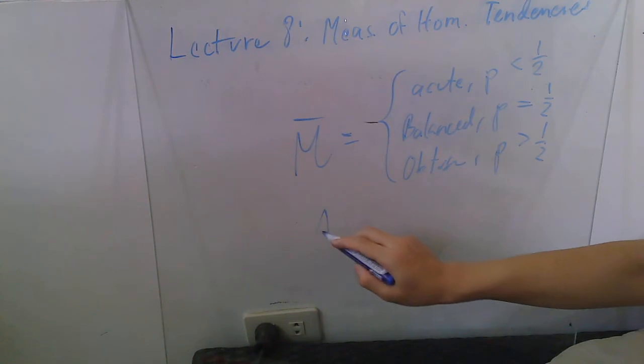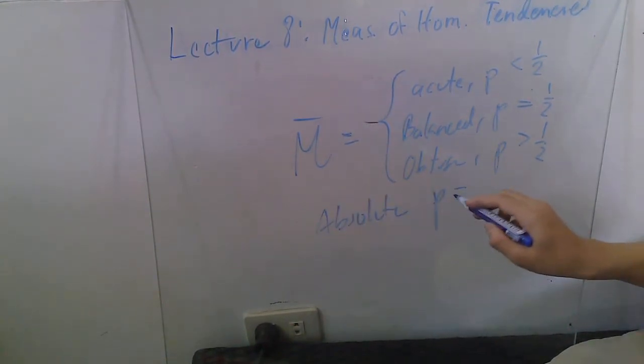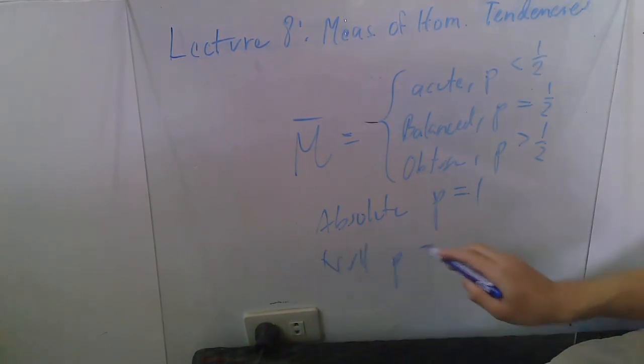And absolute homosexual for P equal to 1, and null homosexual for P equal to 0. That's that.